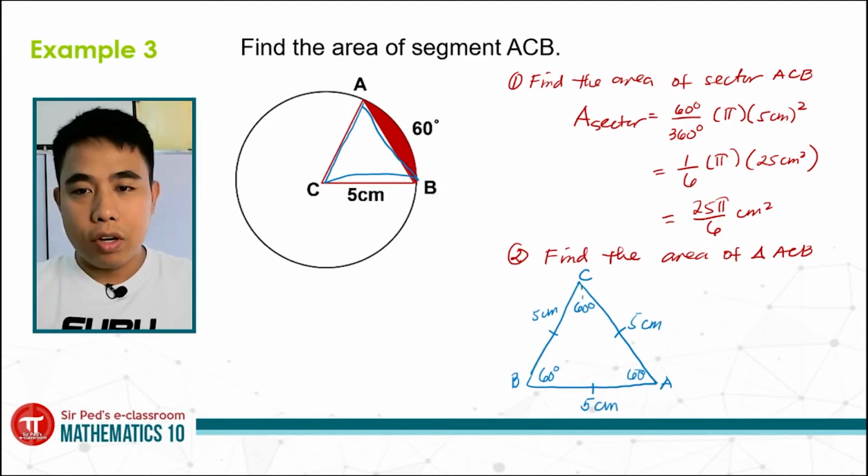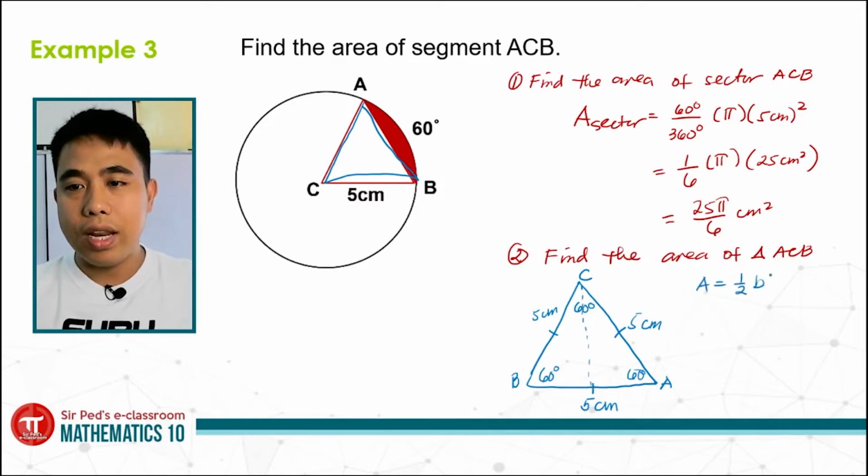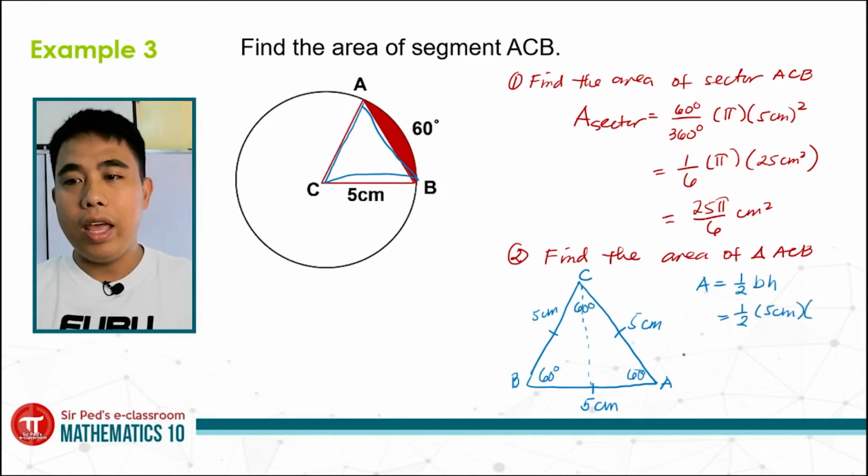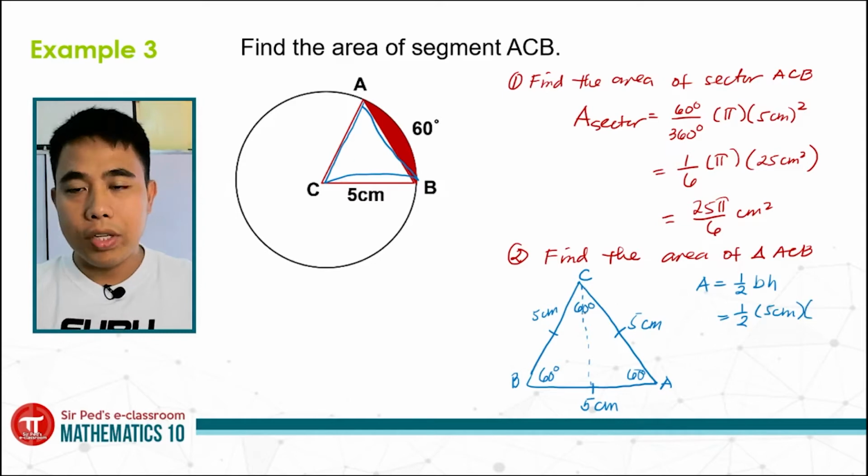If we are going to find the height of that, since the area of the triangle is equal to 1/2 base times height, we know already that the base is equal to 5 centimeters. So we have that. And the height of our triangle will be, so this angle will become 30 degrees.